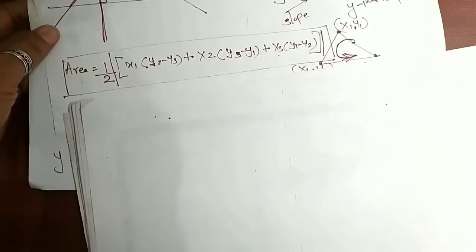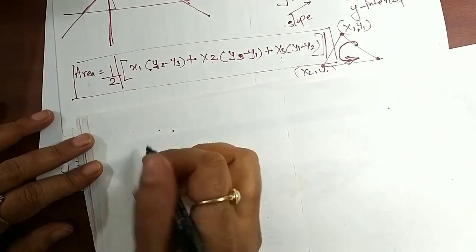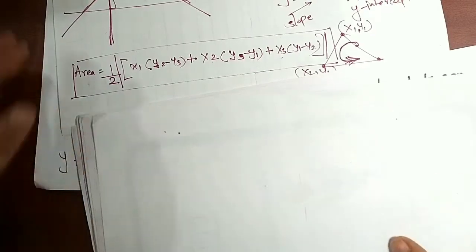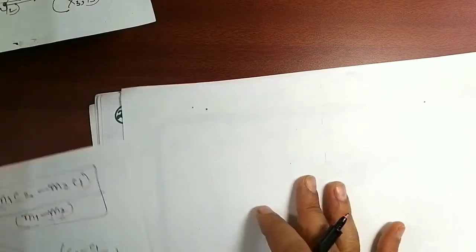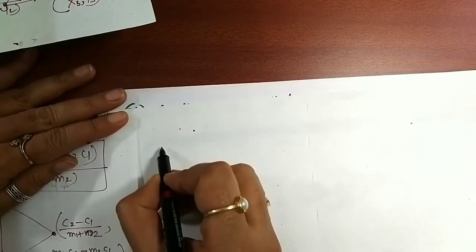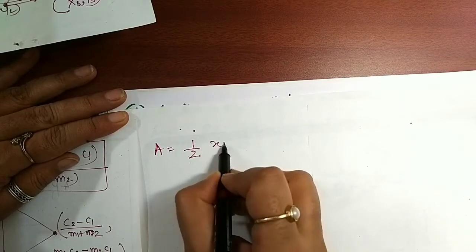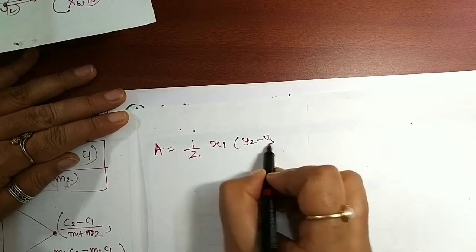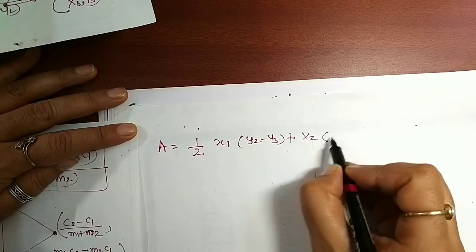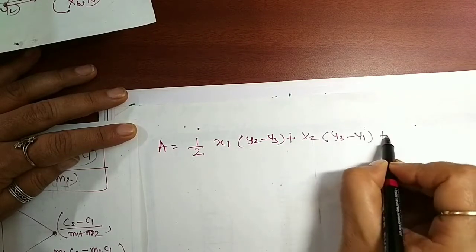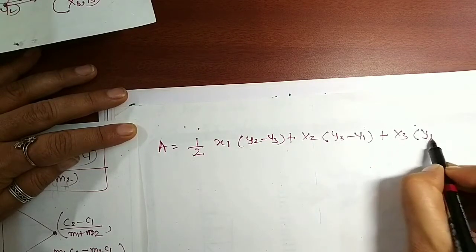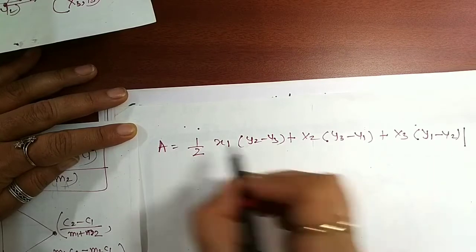So let me solve the triangle area. For that, I will put the values. Okay. So here is my triangle. Let me write the formula once again. So area is given by 1 by 2 x1 into y2 minus y3, plus x2 into y3 minus y1, plus x3 into y1 minus y2.